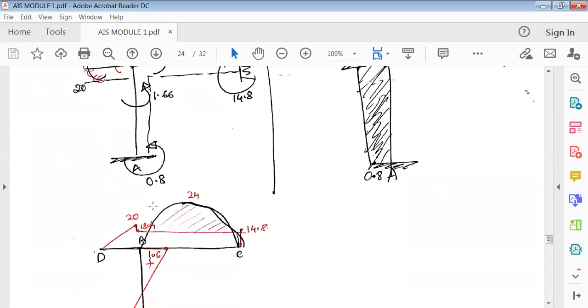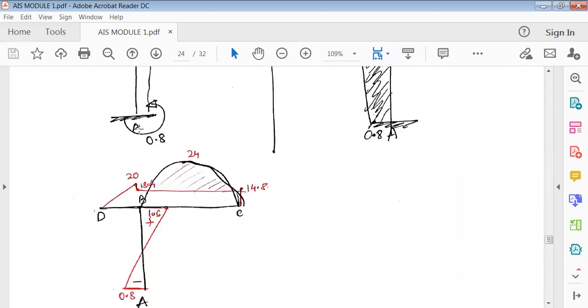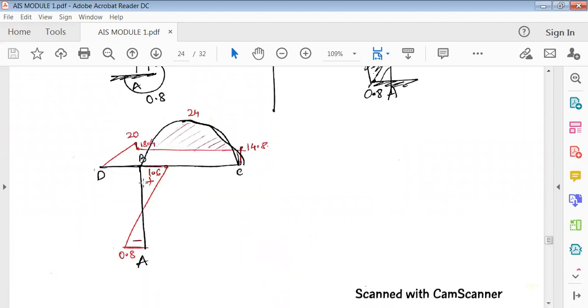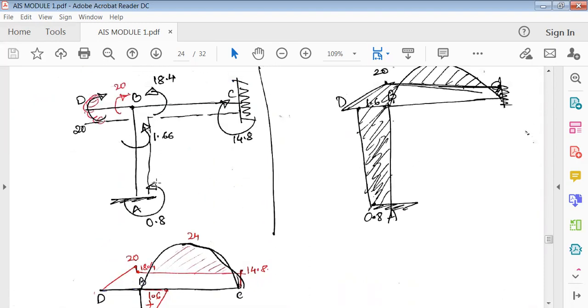Now see here. When you're drawing the bending moment diagram, you have to consider this. What this moment is doing is trying to push this part of the column outside. This is the zero line of the column. So this goes outside, like this. So this is out, so it is minus. And one more thing, I've told you about these dotted lines.